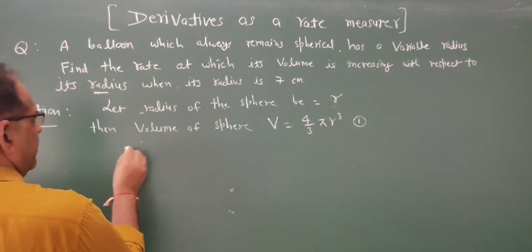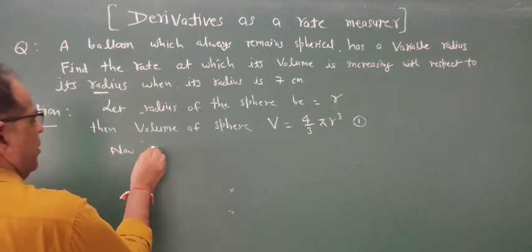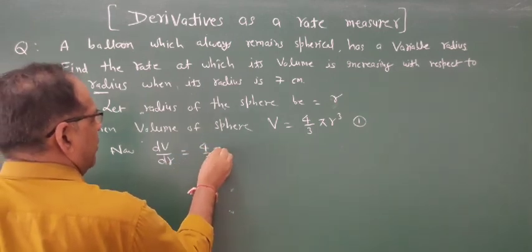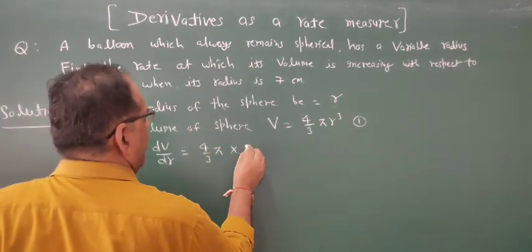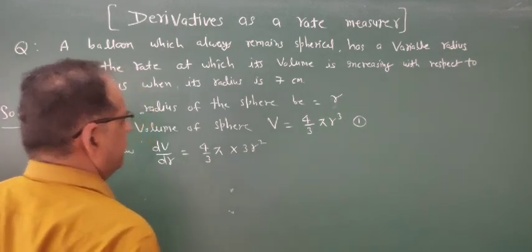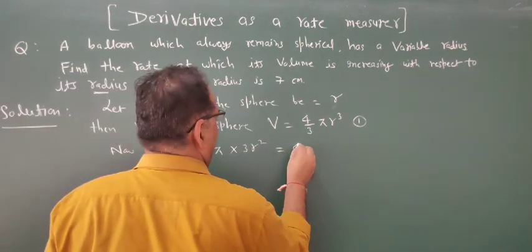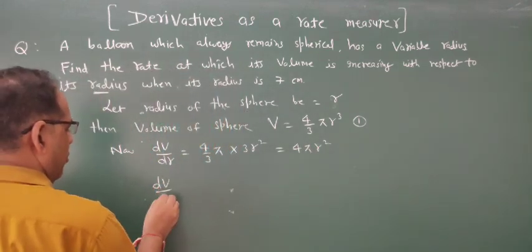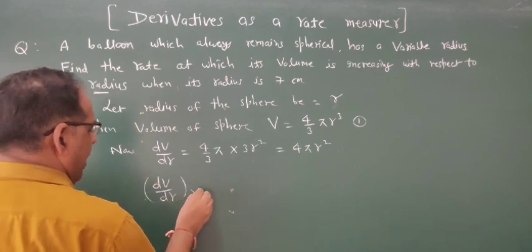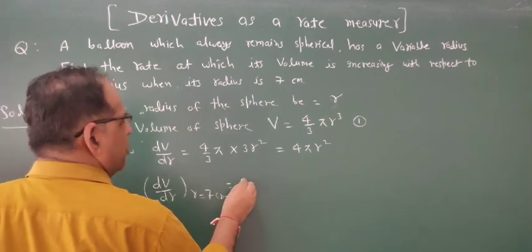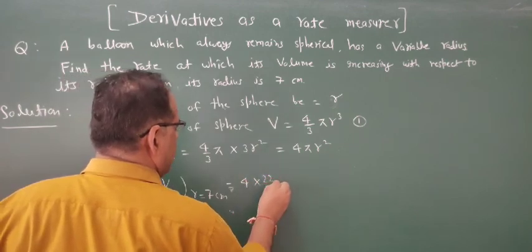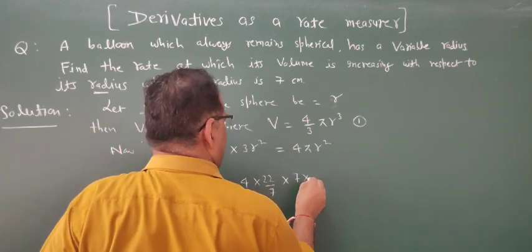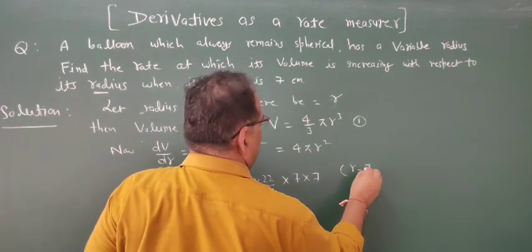So now dV over dr is equal to 4 upon 3 pi, a constant, times the differential of r cube, which is 3r square. So now we have 4 pi r square. Now dV over dr when r equals 7 centimeter: this becomes 4 into 22 upon 7 into 7 into 7, because r equals 7.